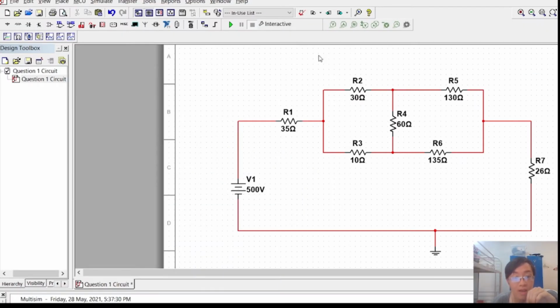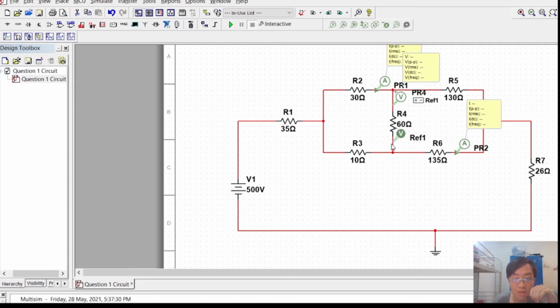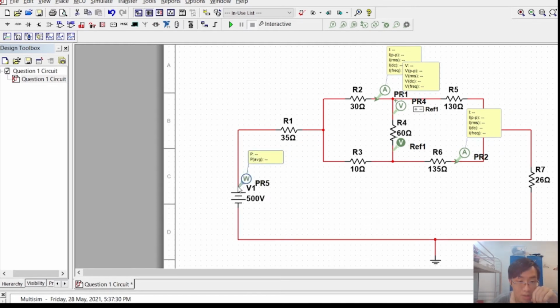We need to find the current I1, the current I2, and the potential difference of R4 here, with the positive and negative terminals, and find the power of the voltage source. Okay, so we start the simulation here.